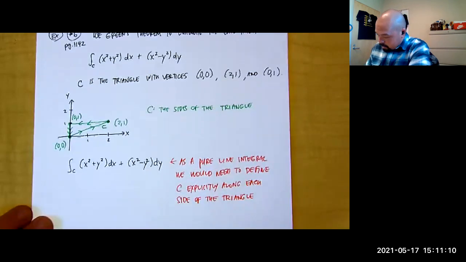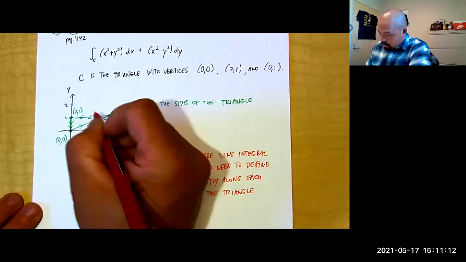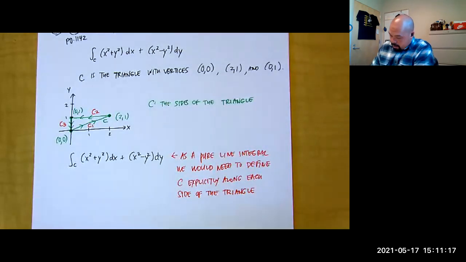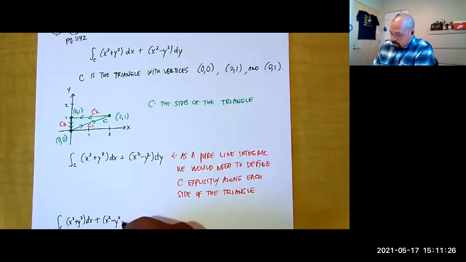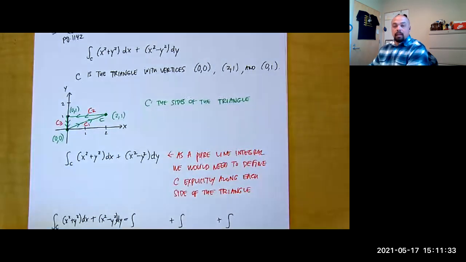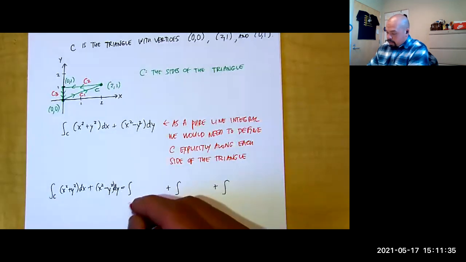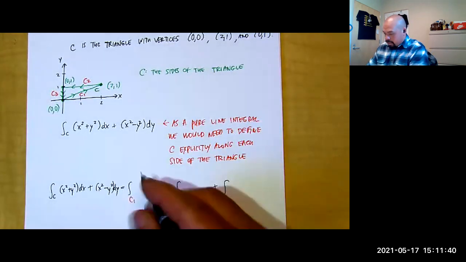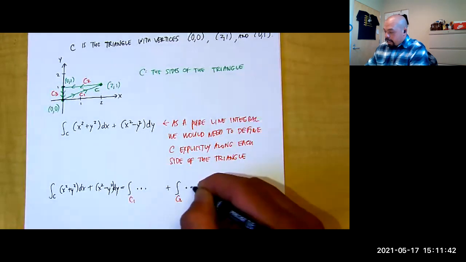We'd have to imagine taking C1, C2, C3, right? That integral we would have to transform as the sum of those three sides. I'm going to put a little dot, dot, dot.